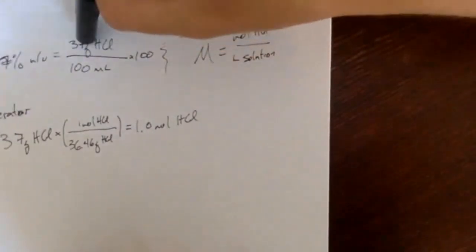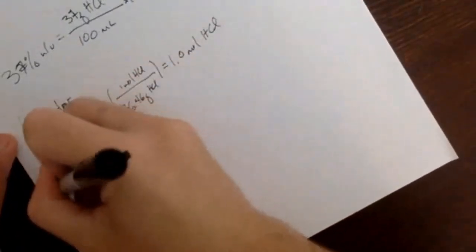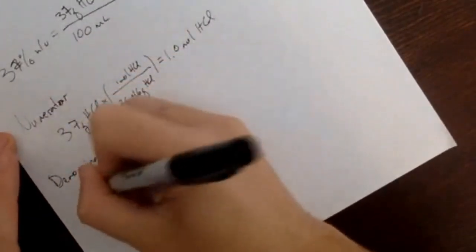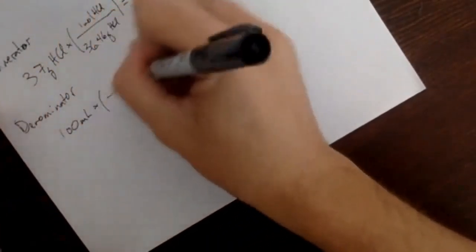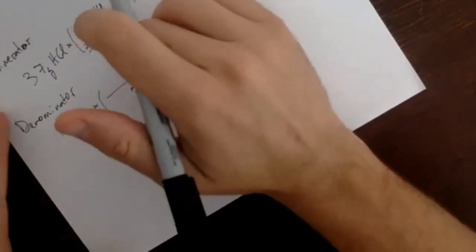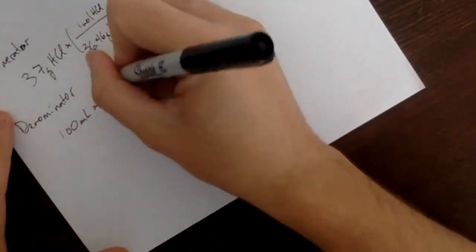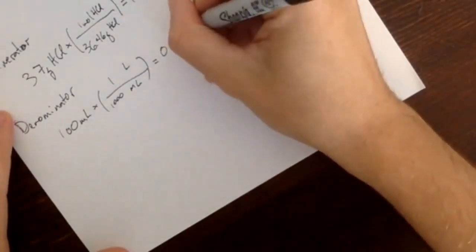When we round to sig figs, that becomes 1.0 moles of HCl. So I took that amount of solute and just changed the units into moles. Now I'm going to take the denominator. I have 100 milliliters. I want to turn it into liters, that's my volume unit by definition for molarity. So with 1,000 milliliters for every 1 liter, I get 0.1 liters.